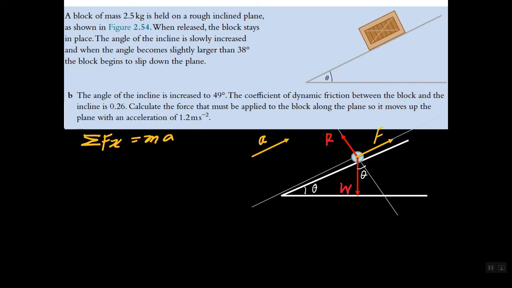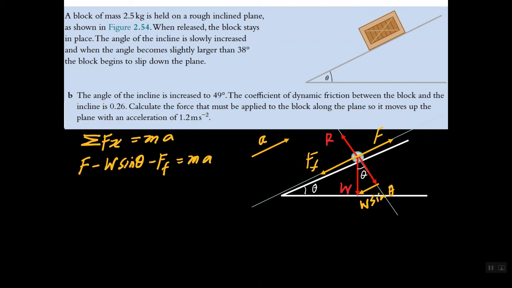As the object is accelerating in the upward direction, the friction force is downward along the inclined plane. And we have the X component of the weight, which is opposite, that is W sine theta. So the resultant force is the applied force minus W sine theta minus friction, which equals ma. We need to find the friction force.